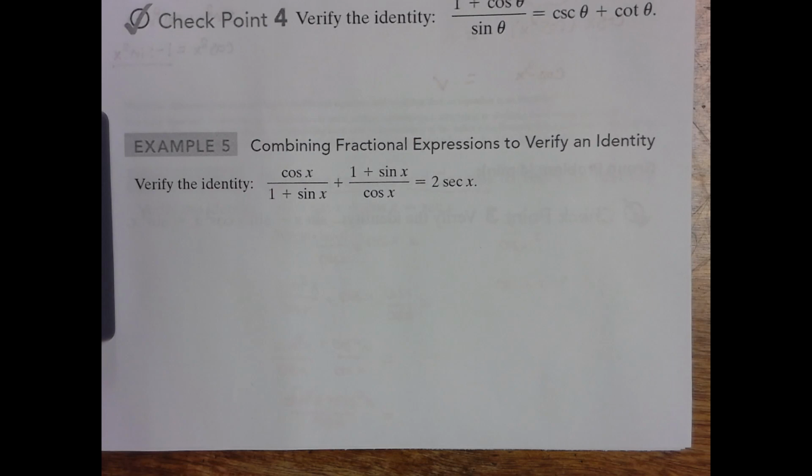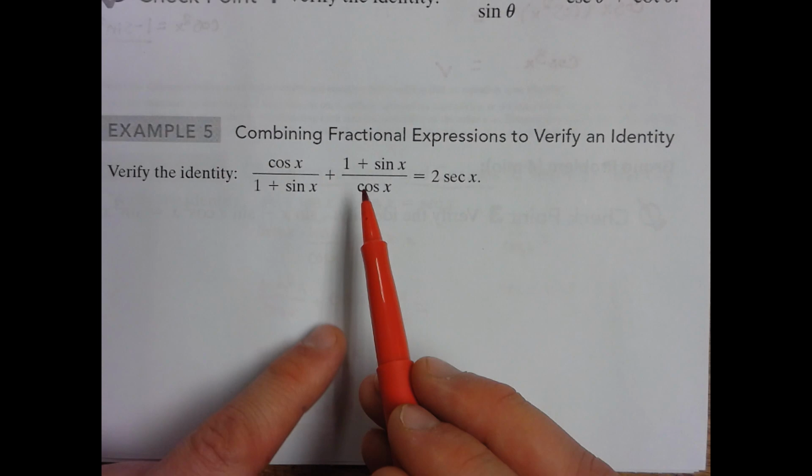I want to point out one kind of mistake that would be very common, that a lot of you might be tempted to do, because we just worked on ones where we had a sum over a single term.